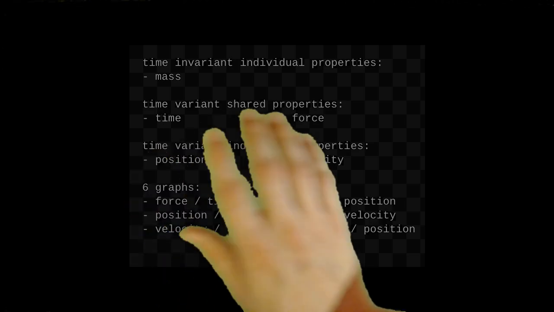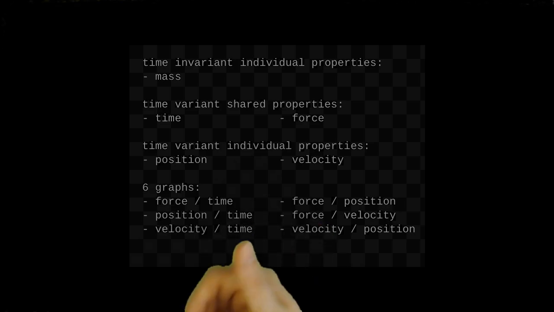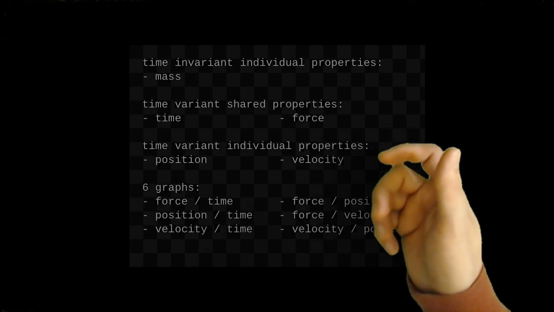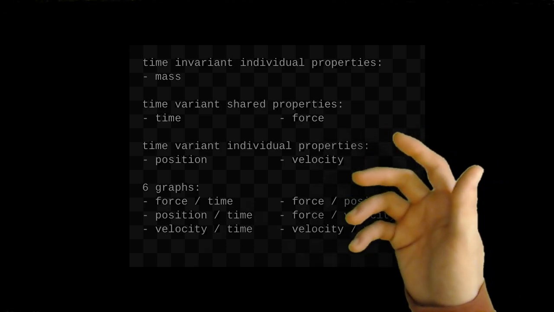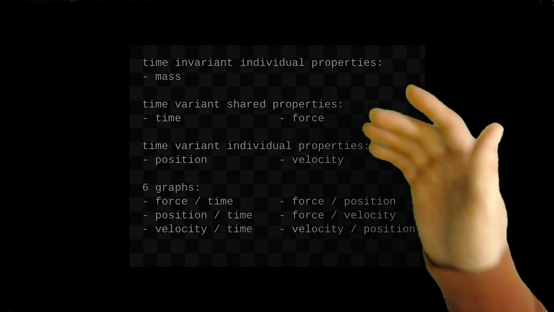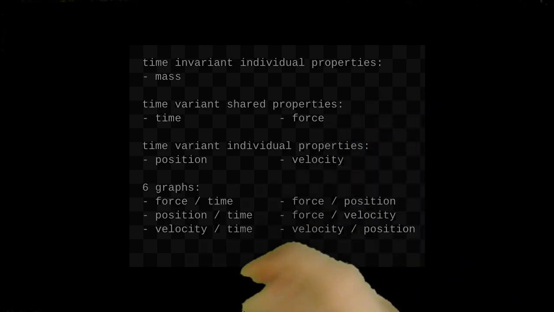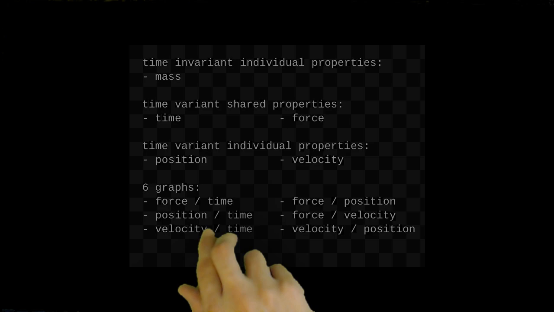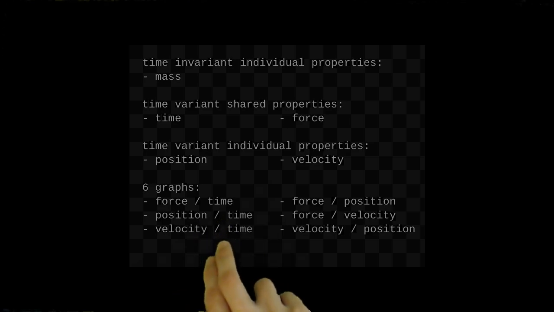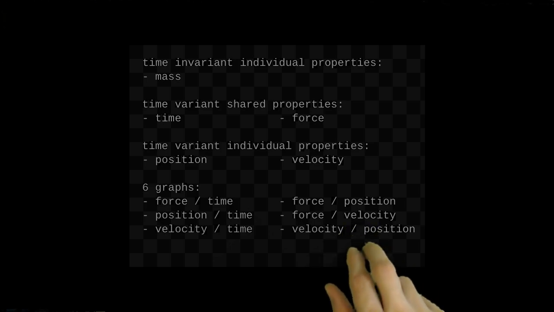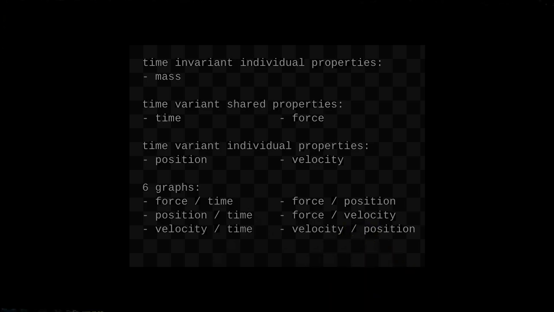So there are only 4 things here. To start, I suggest that we just graph each of these major variables by every other variable. There's only 4 of these, so when you remove duplicates, that's only 6 graphs. Force over time, position over time, velocity over time, force over position, force over velocity, and velocity over position.